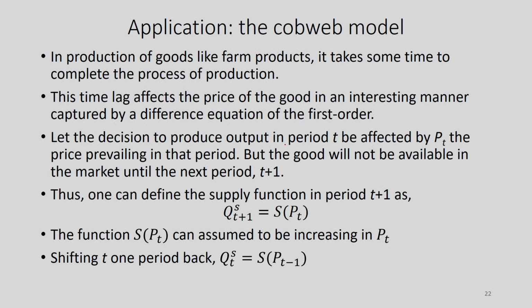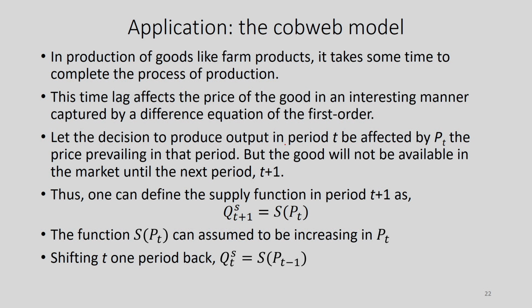In production of goods like farm products, it takes some time to complete the process of production. This is also known as gestation lag. Let me explain this. This time lag affects the price of the good in an interesting manner captured by a difference equation of the first order.